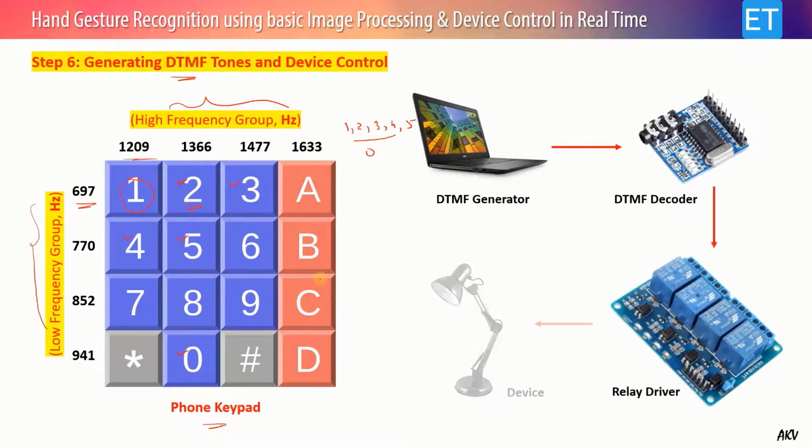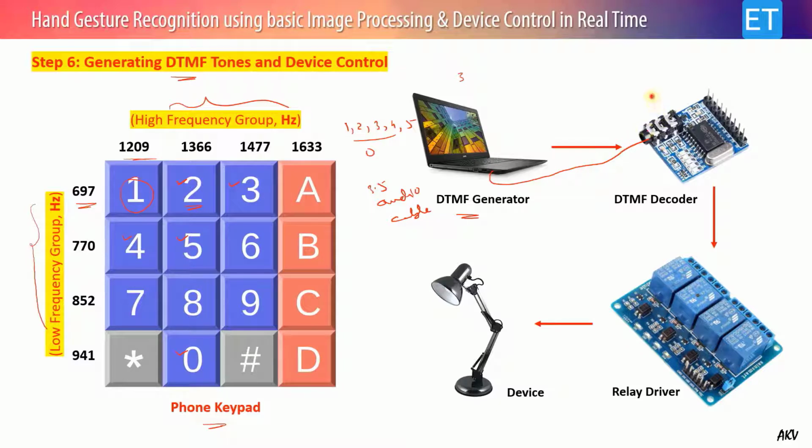First, this DTMF tone will be generated in my laptop. So first I will count the number of fingers. I will get a number, let's say 2 or 3 or something else. Depending on the number of fingers, I will generate this DTMF tone, and then with the help of an audio cable, a 3.5 mm cable, I can connect this DTMF decoder to the laptop like this.